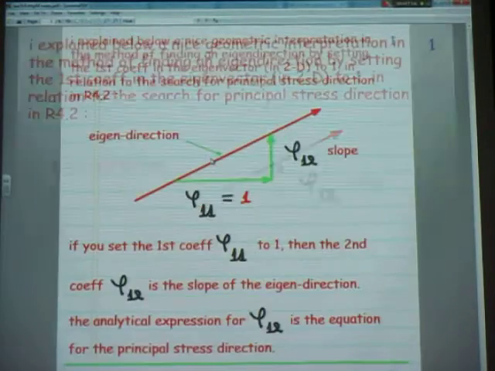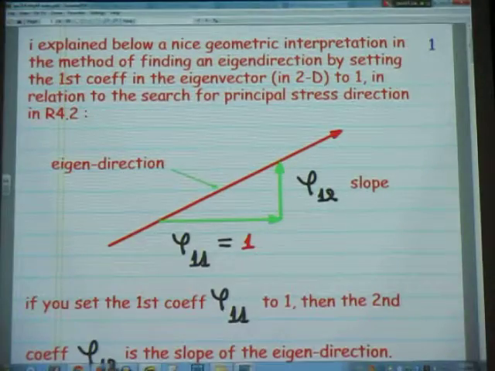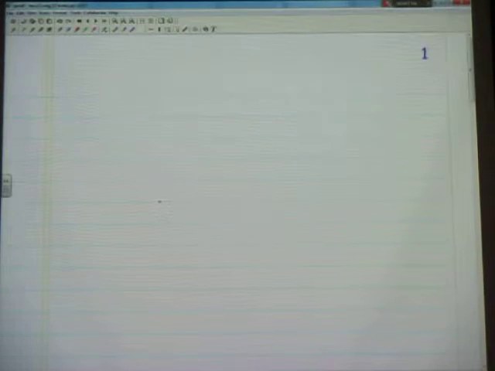Okay, so let me remind you of the notation to refresh your mind. When you solve the standard eigenvalue problem, recall, say, for example, with the stiffness matrix, or it can be with any matrices.